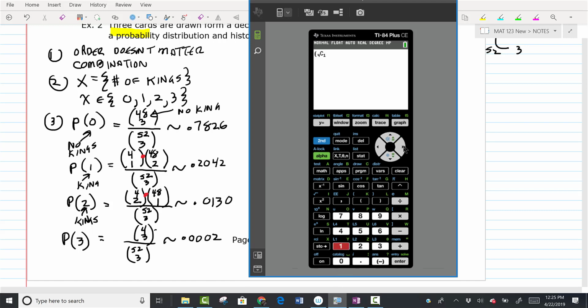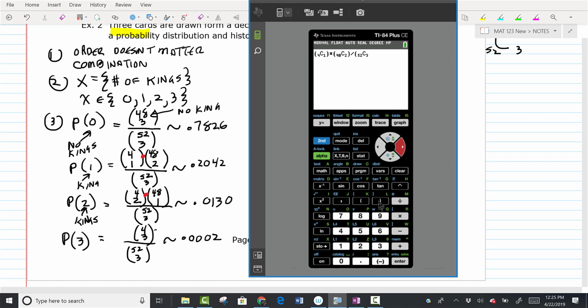I'm doing the second one like that. Then I multiply, so you can do the multiplication symbol there. Then it would be 48-2, so I go 48, math, probability, combination, taking 2 at a time. So you can do all this in one step on your calculator. And then you divide by 52, and same thing, math, probability, combination, and that is 3 cards.